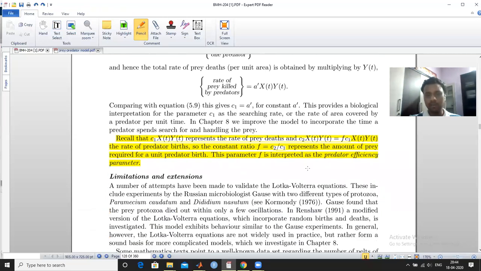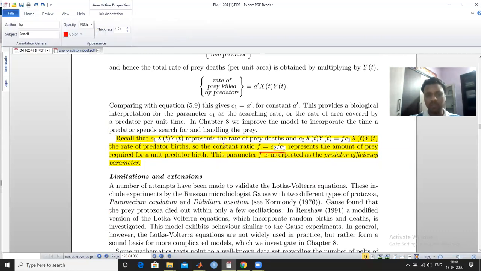Now, what is this F? F can be found by this relationship, because C1XY represents the rate of the prey death, and this is the same as the rate of the predator birth, as we have already seen in our model. If you set these equal, C2XY is equal to FC1X Y, so you find F is equal to C2 by C1.